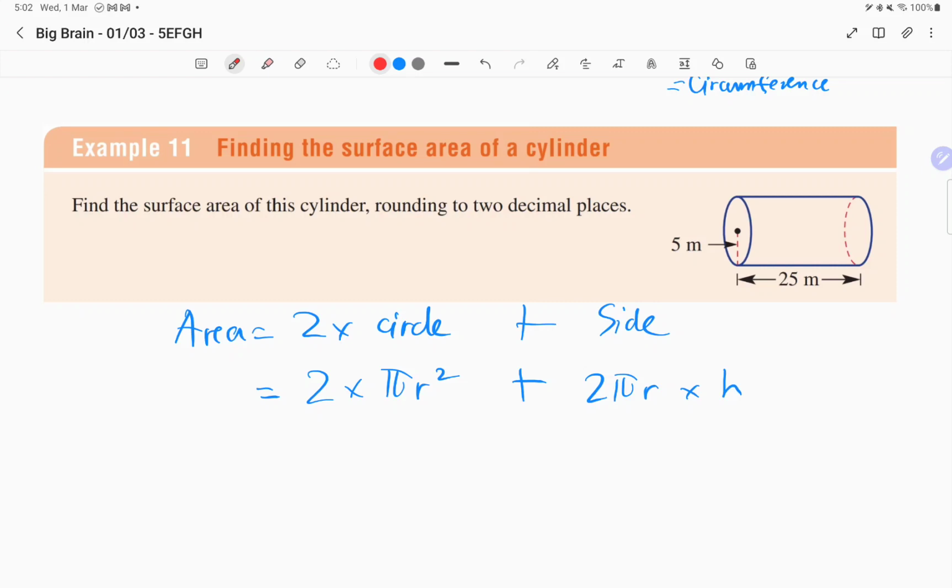When you get to that point, just put the values in and see if you can get the right answer. Make sure you get the right values. For pi, make sure you use the pi here. There's a pi there in yellow, so you go shift and then that will give you pi.